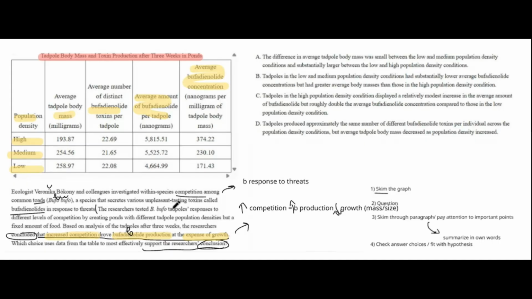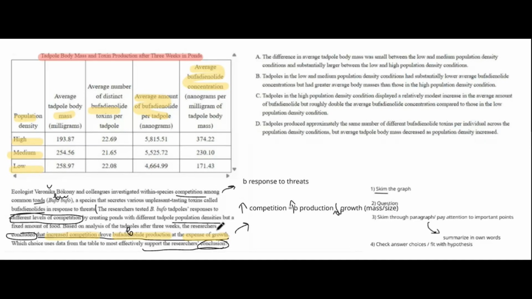The researchers tested BU tadpoles' responses to different levels of competition. We see competition again. By creating ponds with different tadpole population densities. Now, at this point, population densities are what we'll refer to as competition, and this is good because in the graph we see the word competition, population densities, but a fixed amount of food.